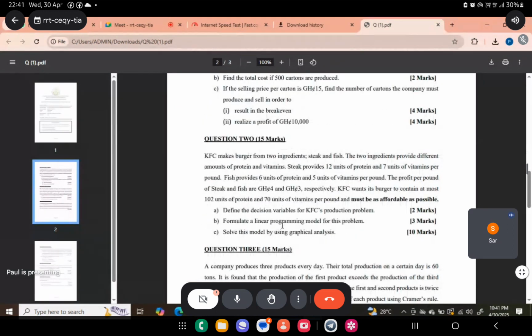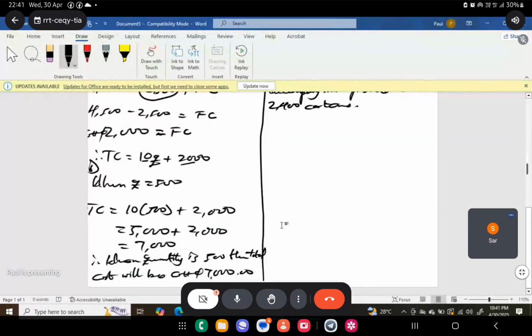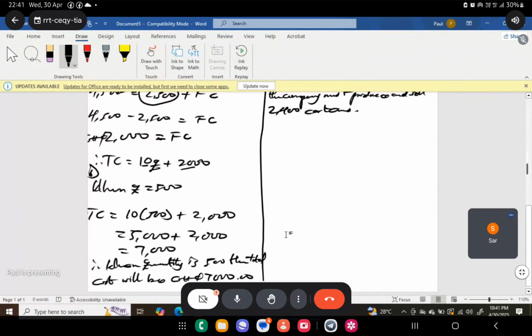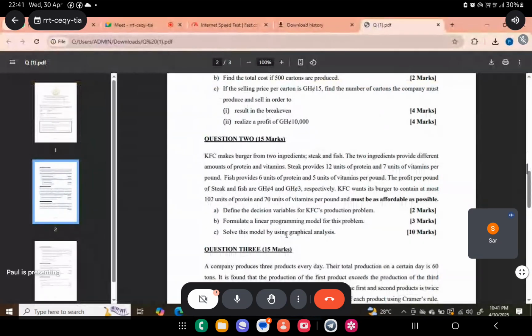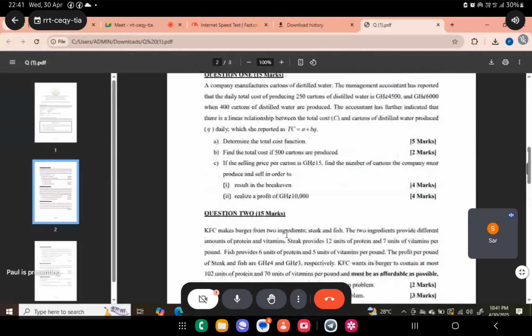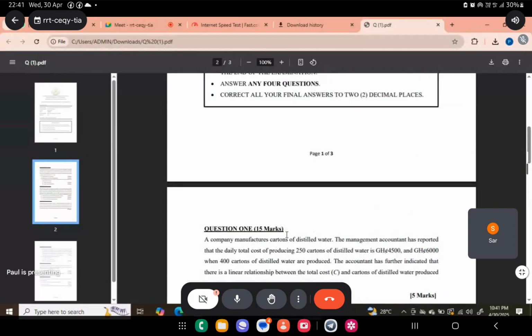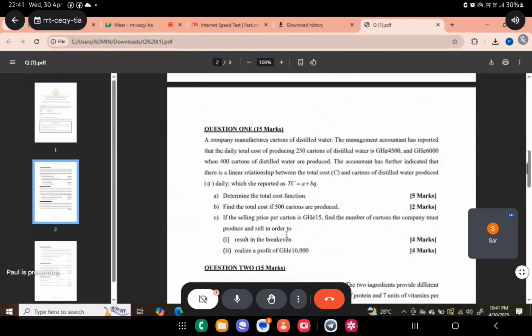If there is no question, why is the graph? What is the graph they were talking about? Which graph? They said question one is graph. Ah, this one, is it the first question?